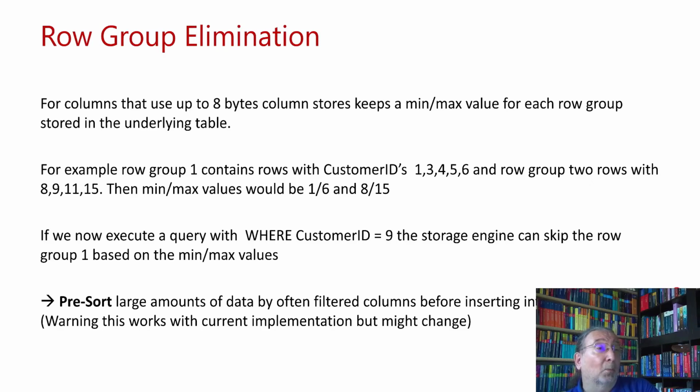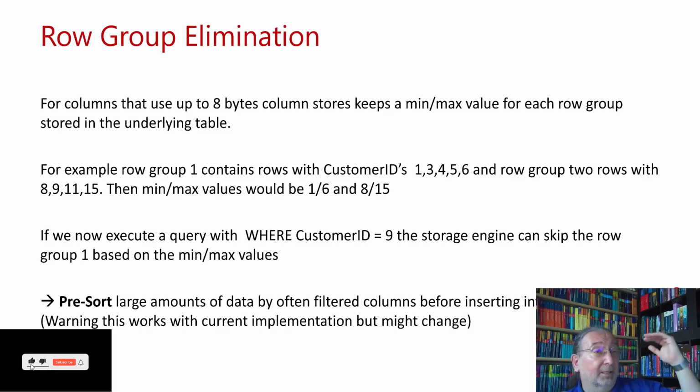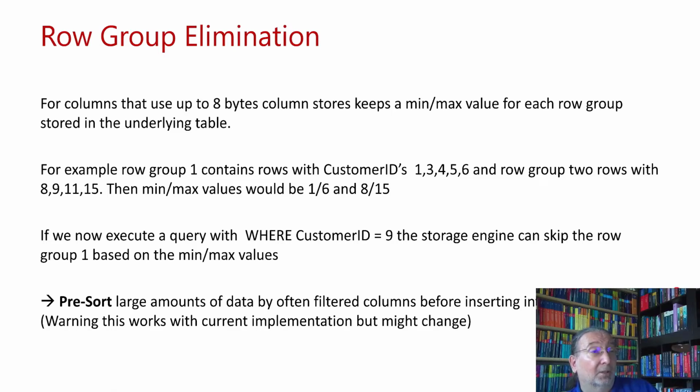So instead of waiting till we have a little bit more than 1 million rows to insert, we now wait till we have like 50, 100 million rows, and then sort them by a secondary column, so that within the partition and the secondary column, we have all the same values or most of the same values within one row group, which allows us to eliminate row groups very, very efficiently.